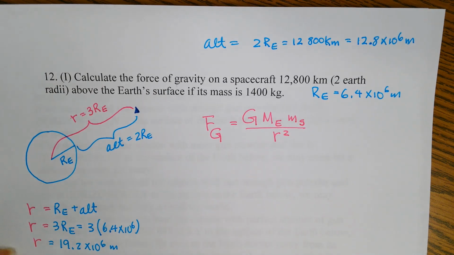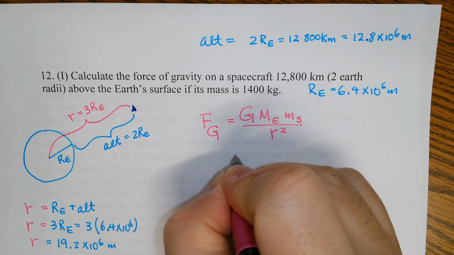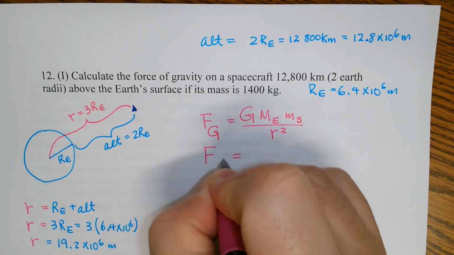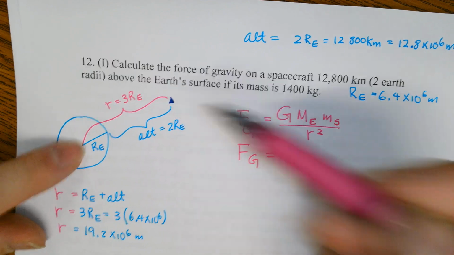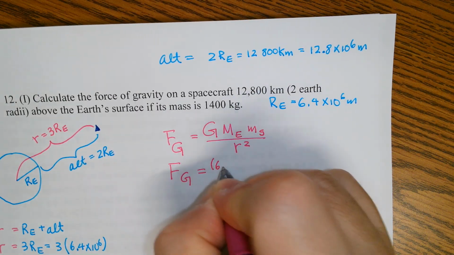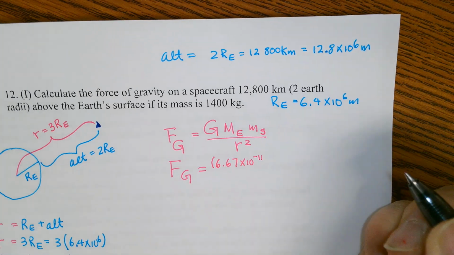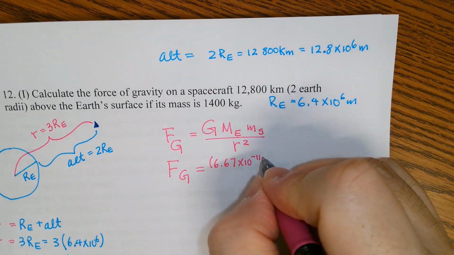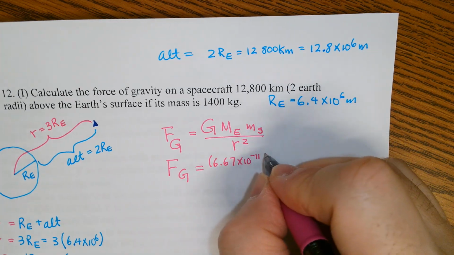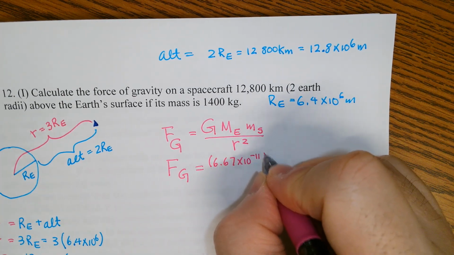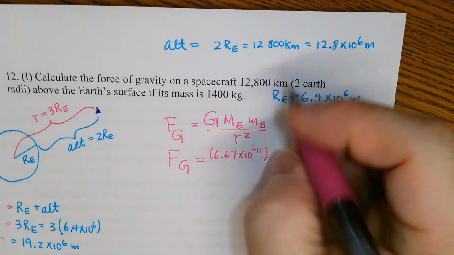Well, now it's just plug and chug, really. It's all algebra from here. So the gravitational force acting between the spacecraft and the Earth is 6.67 times 10 to the negative 11th newtons times meter squared per kilogram squared. And you'll see that it will all cancel out to just newtons.